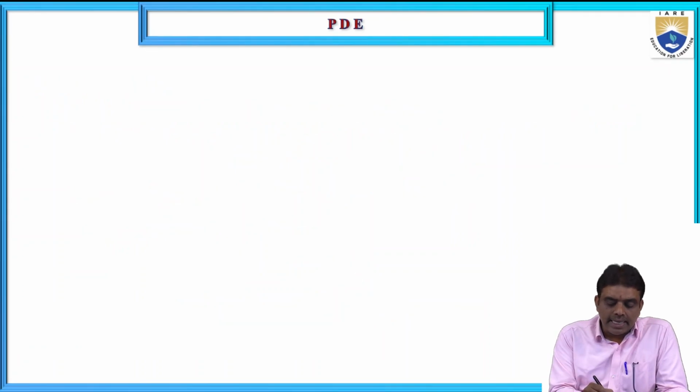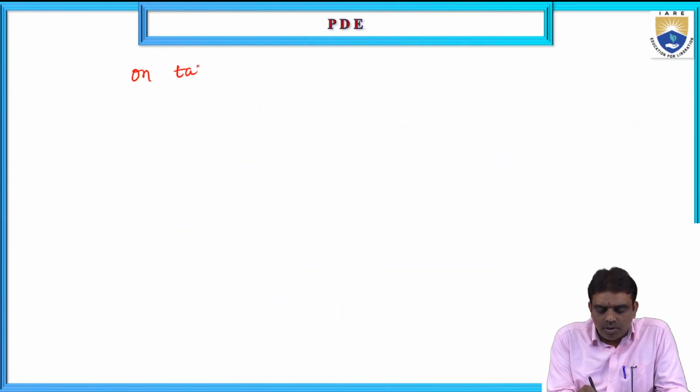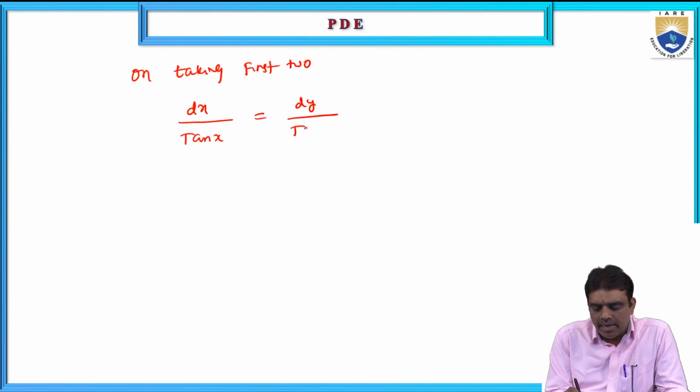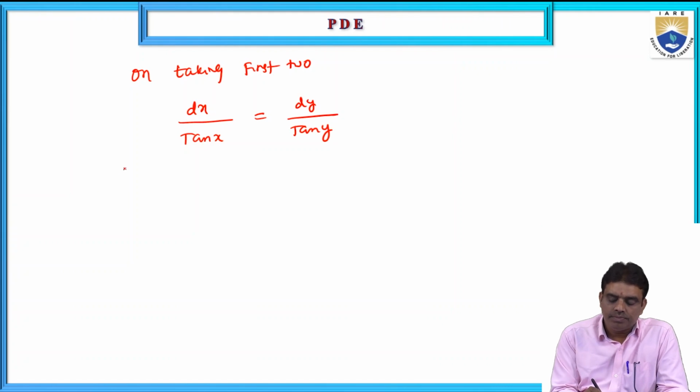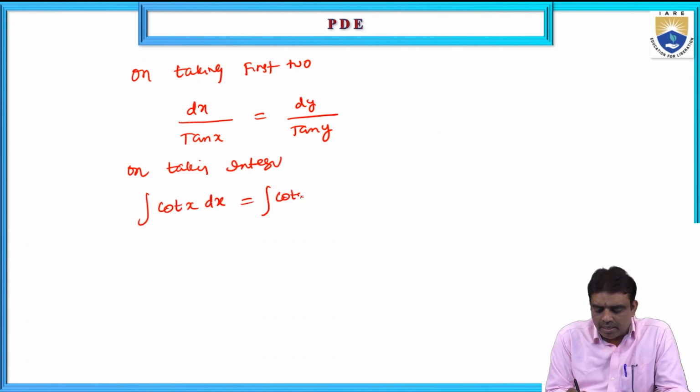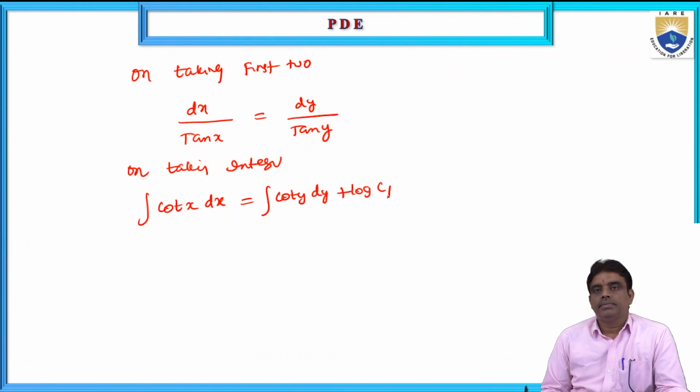Now, on taking the first two: dx by tan x is equal to dy by tan y. On integration, the integral of cot x dx is equal to the integral of cot y dy plus log c1.